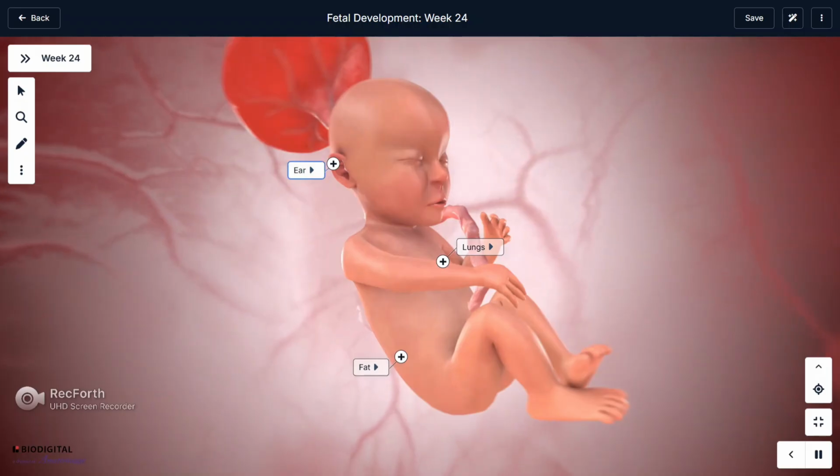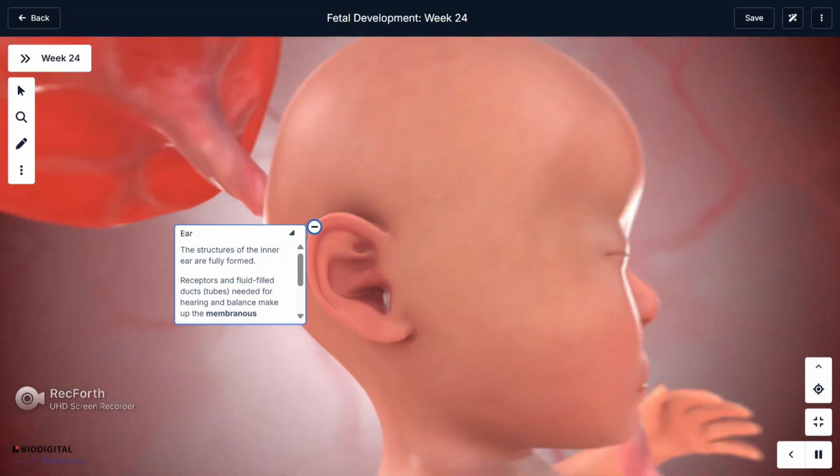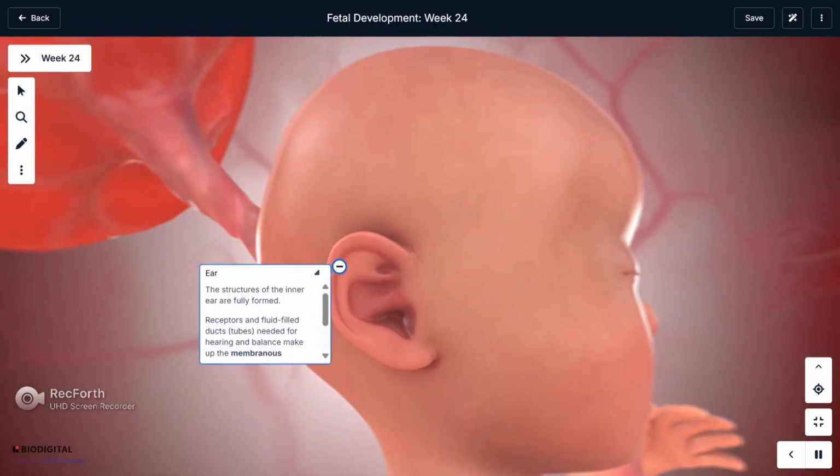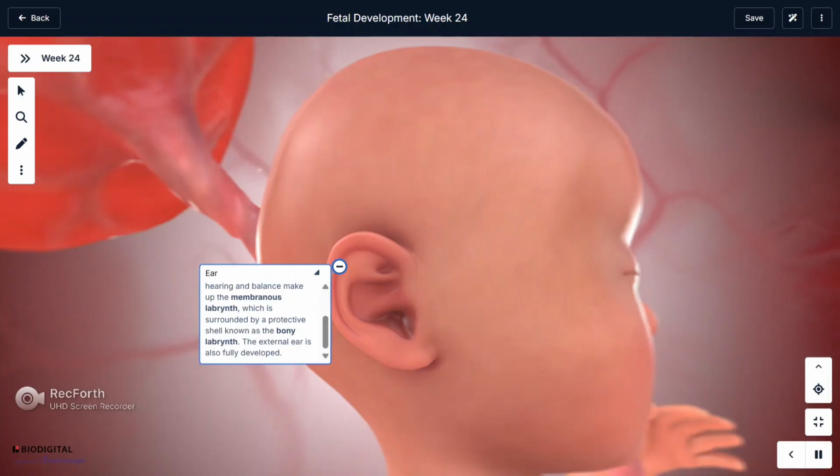And by week 24, the structures of the inner ear are fully formed. Receptors and fluid-filled ducts or tubes needed for hearing and balance make up the membranous labyrinth, which is surrounded by a protective shell known as the bony labyrinth. The external ear is also fully developed.